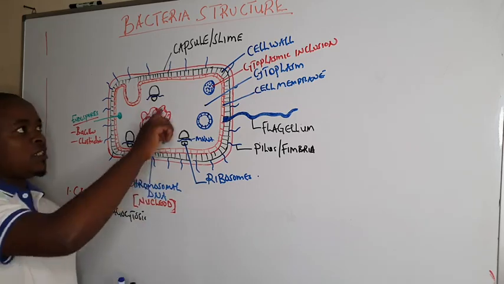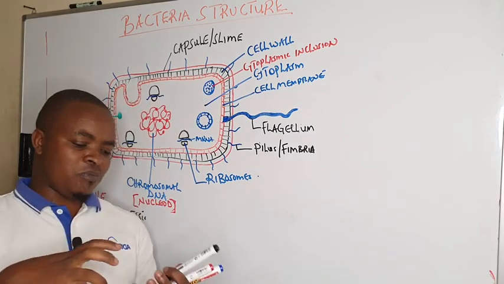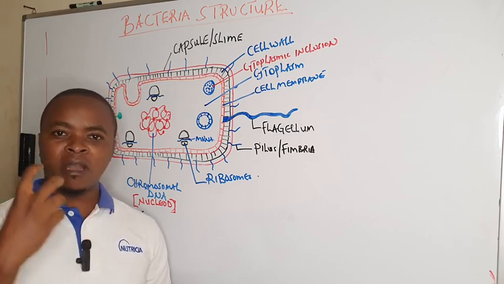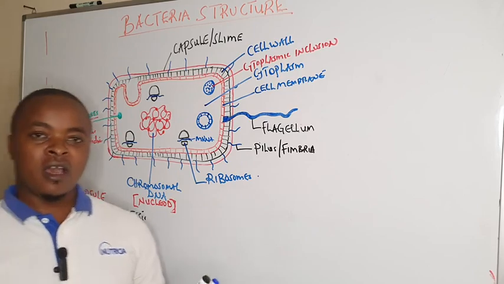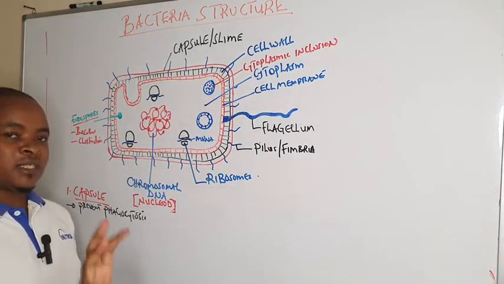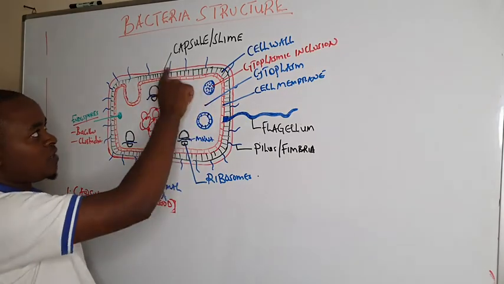Bacteria which possess capsules become slippery, so when the phagocytes like the macrophages and the neutrophils within the host body are trying to engulf these bacteria, they are hard to engulf due to the presence of this capsule.